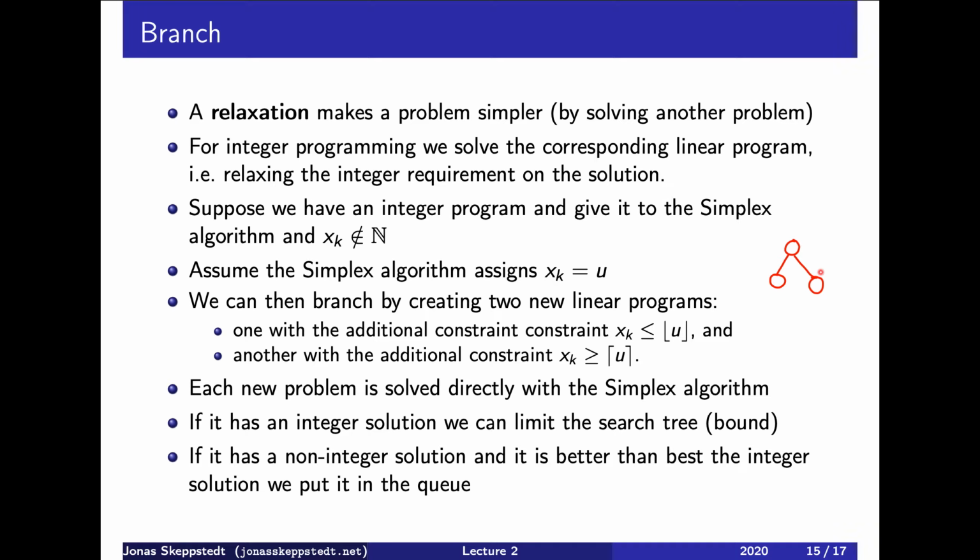So when we branch and put additional constraints, eventually we will come to an integer solution. It may take some time, but it's easy to see that we will limit the search space and eventually find an integer solution somewhere.